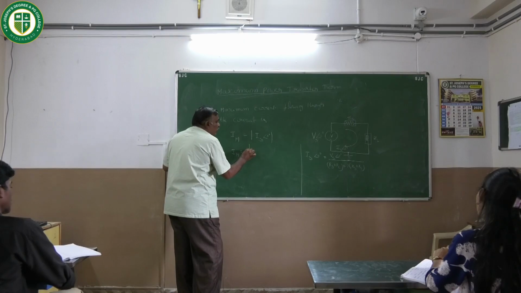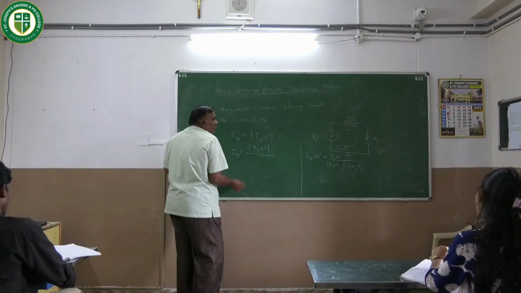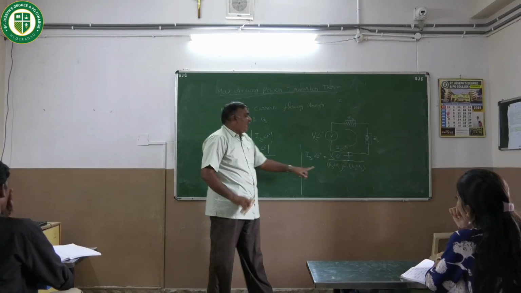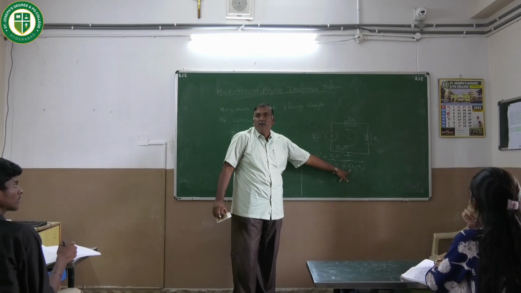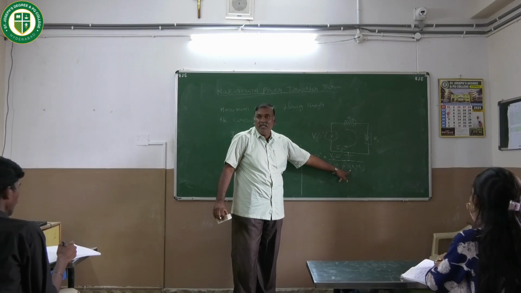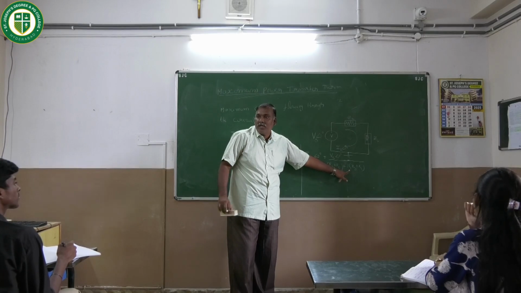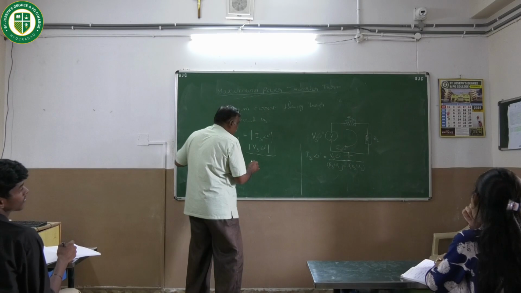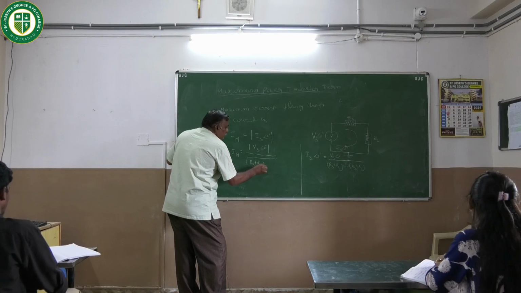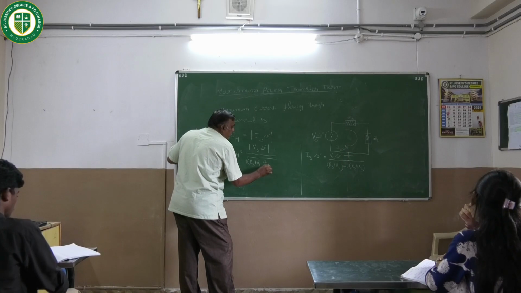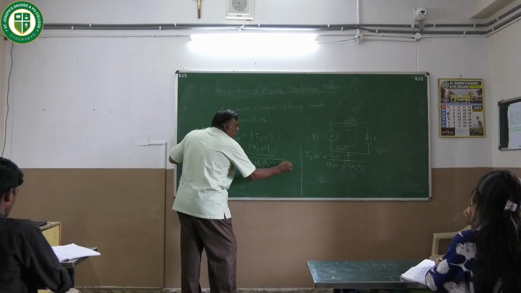So Im is equal to modulus of Vs angle of 0 degrees by x plus jy, or a plus ib. If I take the modulus, it is going to be square root of a square plus b square. So we can write Rs plus RL whole square plus Xs plus XL whole square.